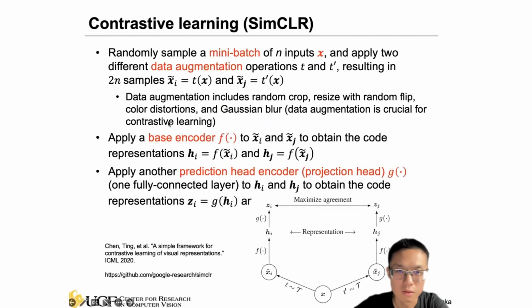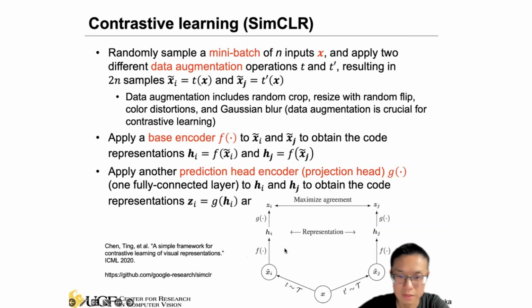Formally, what you can do for contrastive learning is randomly sample a mini batch of N inputs x. And you can apply two different augmentation operations, T and T prime. So each image will result in two augmented samples, Xi tilde and Xj tilde.